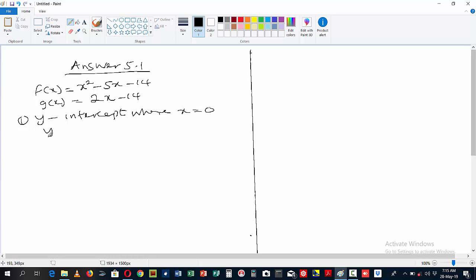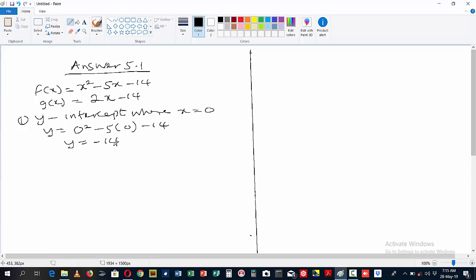So we have y equal to 0 squared minus 5 into 0 minus 14. Now we have y equal to minus 14.